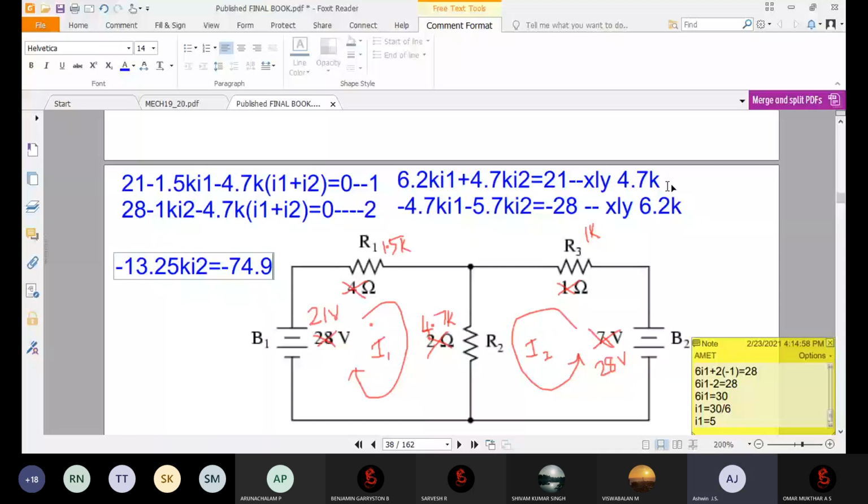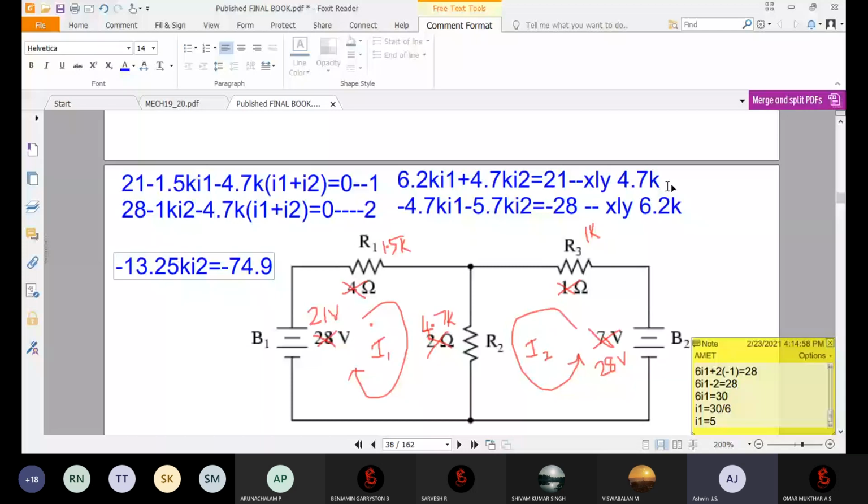Wait a second, I will verify it. I will do the calculation. Remaining guys, why are you not opening your mouth? Solving, sir. Substituting I2 equal to 7 plus 1.5 I1.